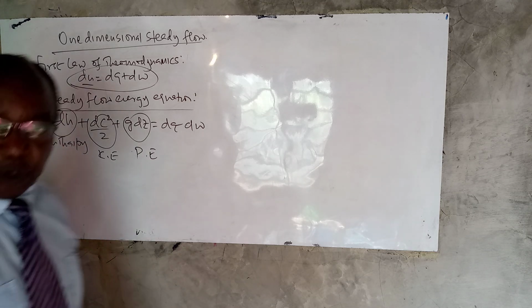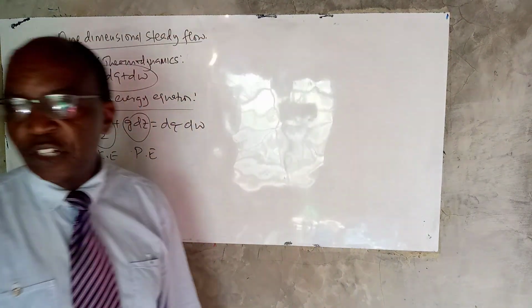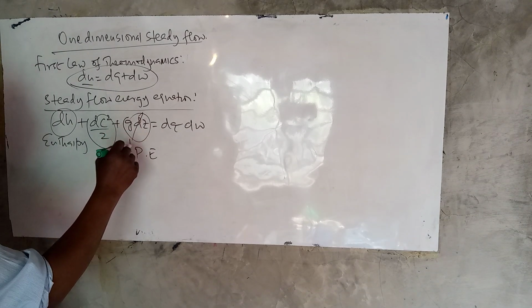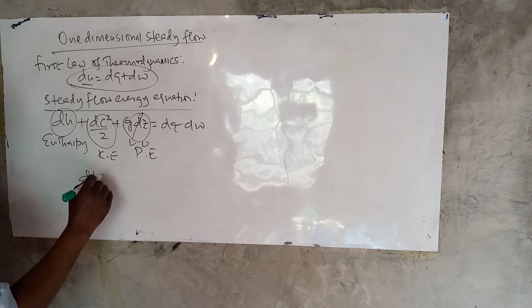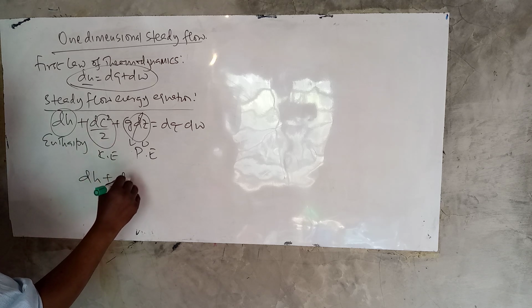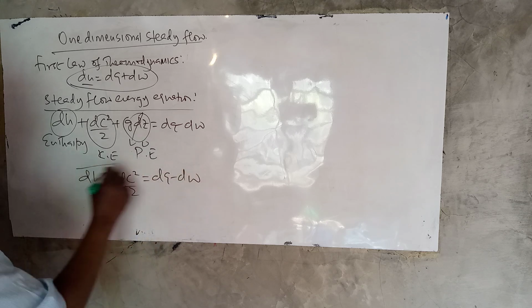So remember, if we assume that the elevation is not significant, then we can assume that the potential energy is zero, and so that equation reduces to dH plus d(c squared over 2) equals dQ minus dW.